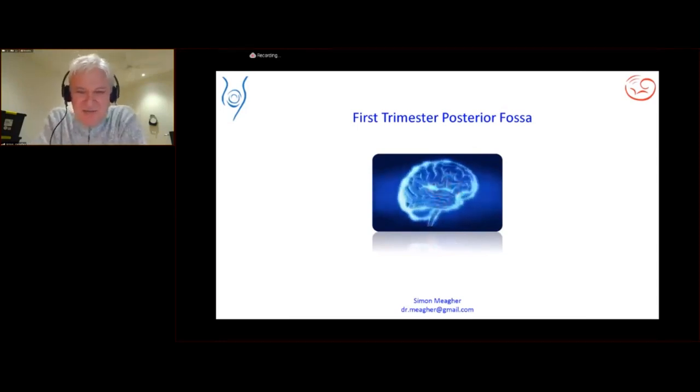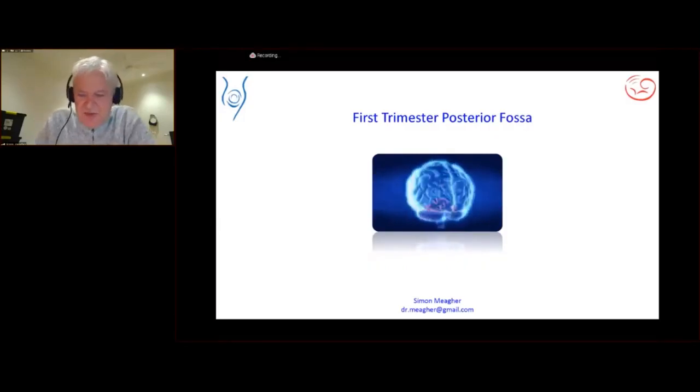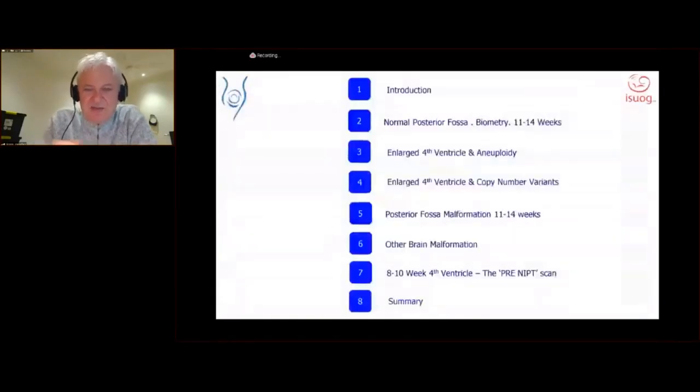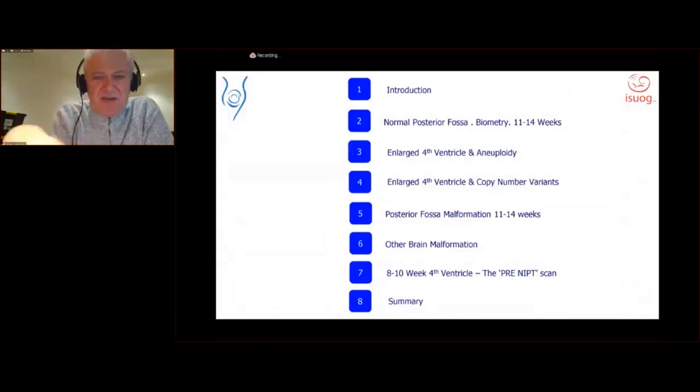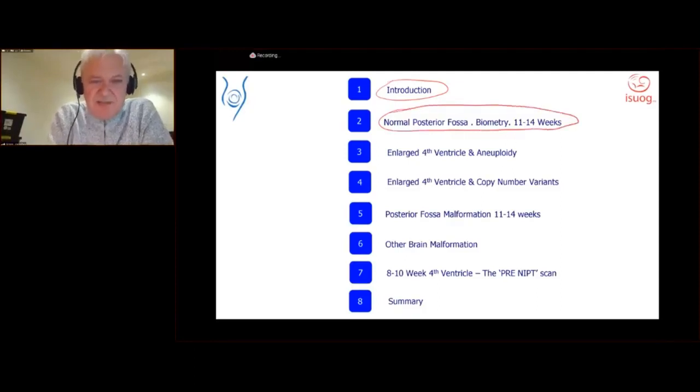So I'm talking on the topic of the first trimester posterior fossa, and the talk is divided into the following sections. I'll give an overview of imaging in the first trimester, and I'll cover the normal landmarks that you are expected to see when you go to work on Monday morning on both sagittal and axial imaging.